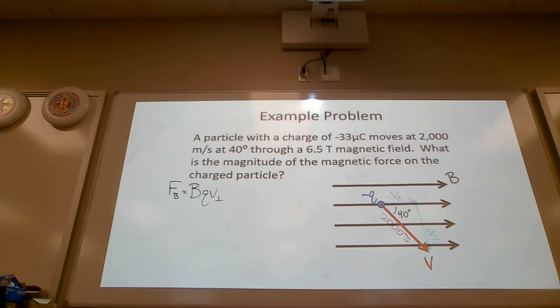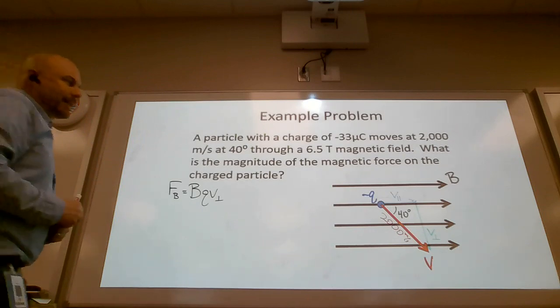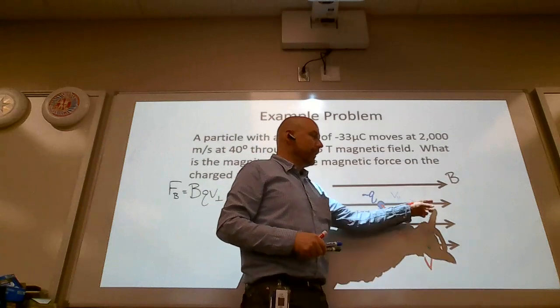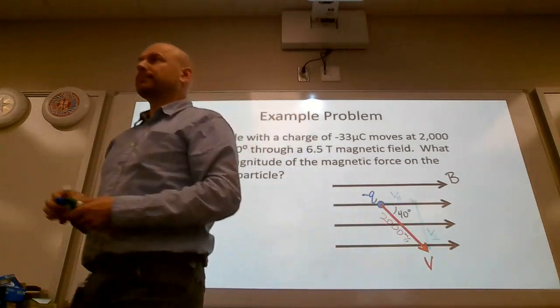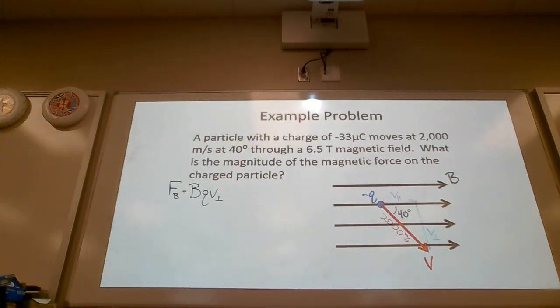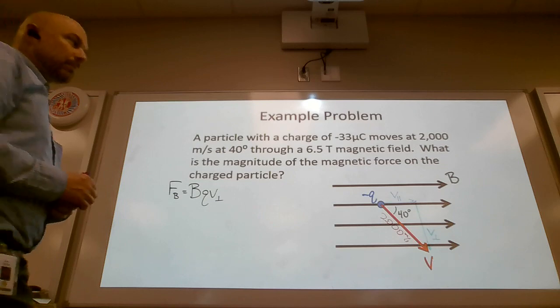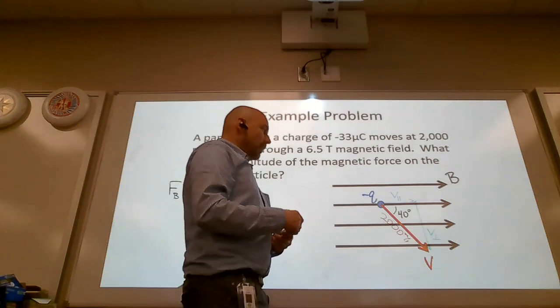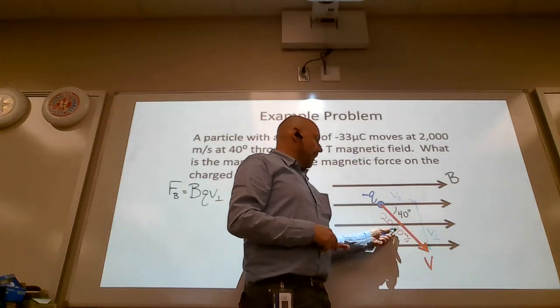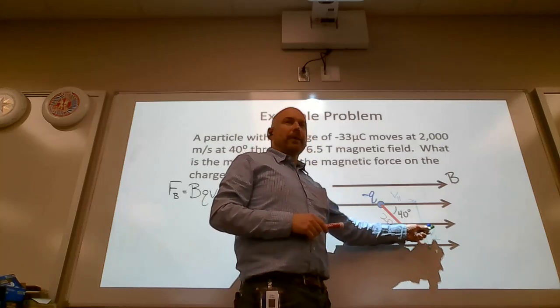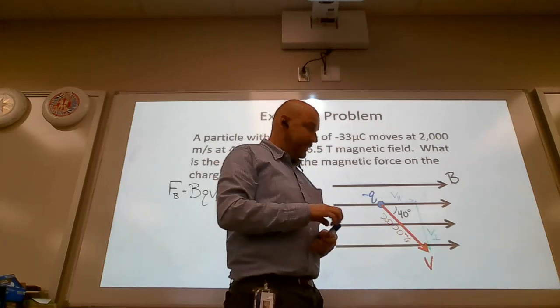I want the component of velocity that is perpendicular to the magnetic field. So what trig function am I going to use? I've got hypotenuse. I'm looking for the opposite. Sine.